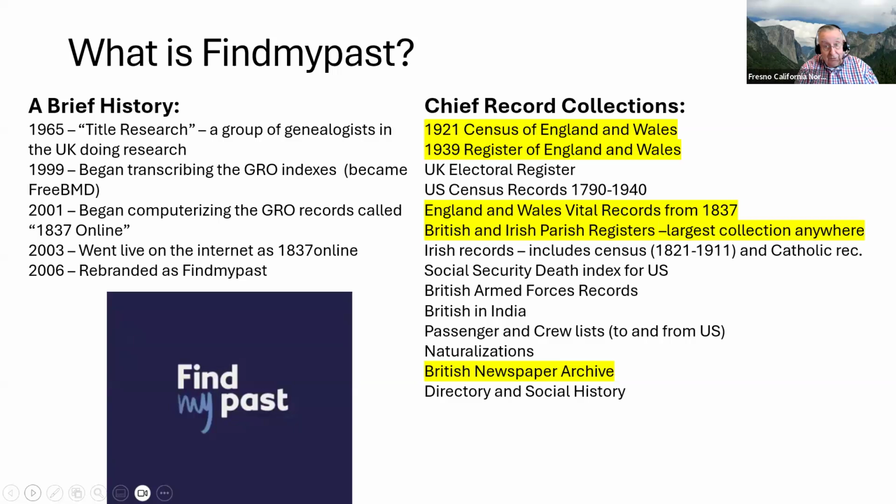They have things like the Social Security Death Index from the US. They have British records in India. They have naturalizations. They have a great newspaper archive, but it's a separate pay subscription to get access to it. Okay, so they have a lot of things, primarily centered around the UK.